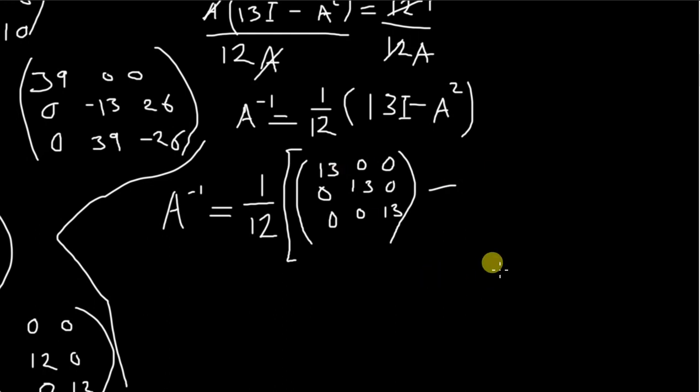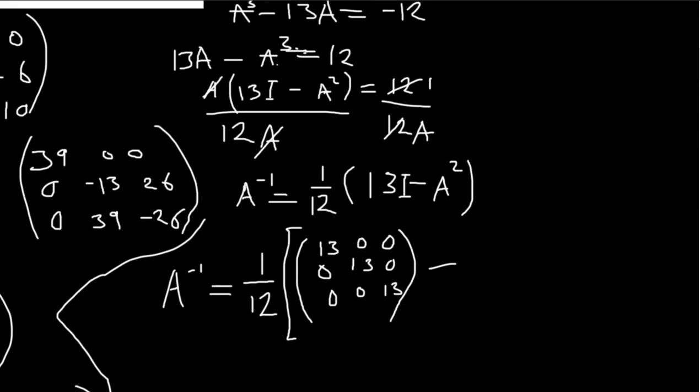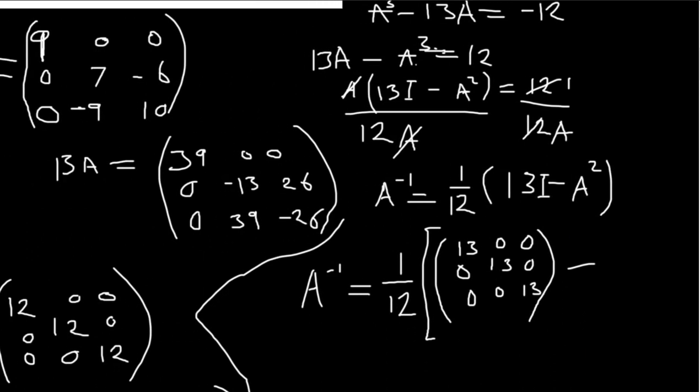My a squared, if you remember, we found a squared at some point. A squared was here, which is 9, 7, 10, like that. Let me just copy it here.